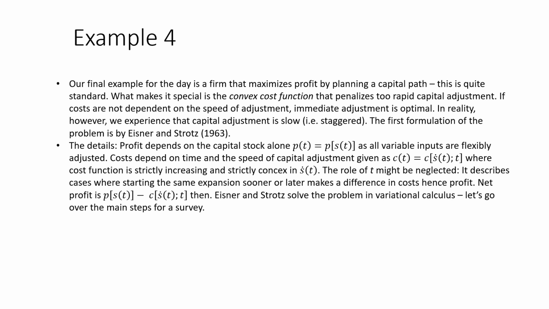What makes this example special is the strictly convex cost function, which penalizes too rapid capital adjustment. Later, we will see that this cost function is key in the formulation of this problem, because without such a convex investment cost function, immediate capital adjustment might be optimal.